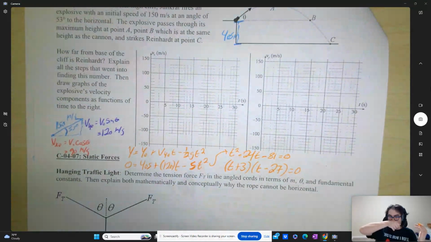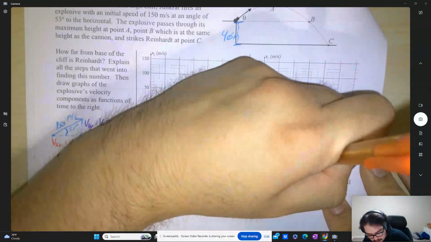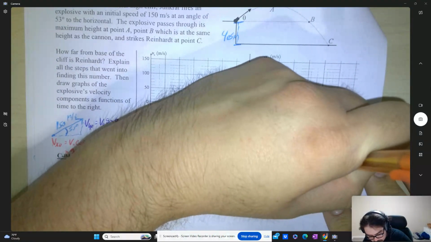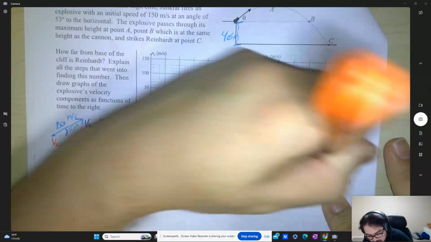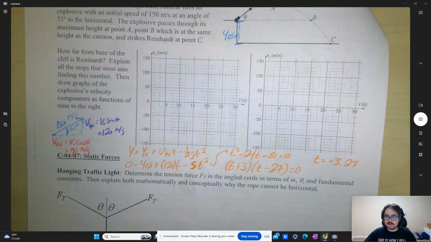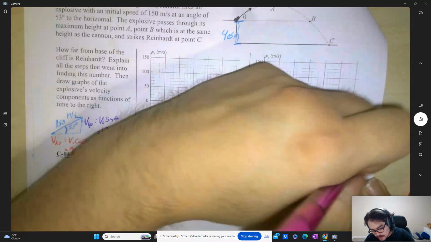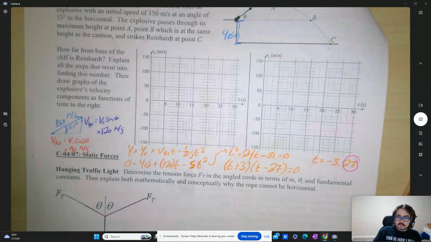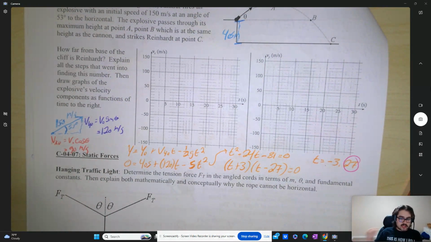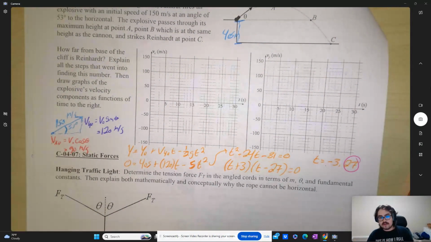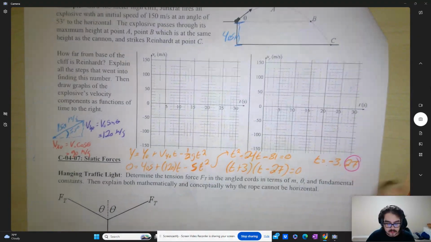So by factoring, I can figure out that t must be equal to either negative 3 or 27. Now you have to decide which one makes the most sense, and hopefully it's 27. Why? Because you can't have negative time. You're not going back into the past. So it should make sense as 27.